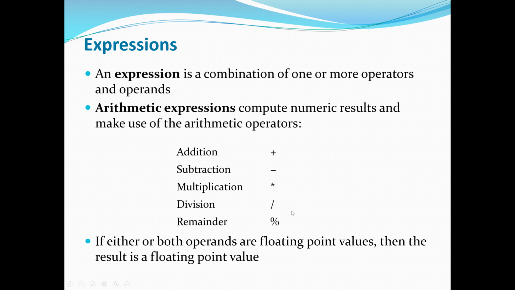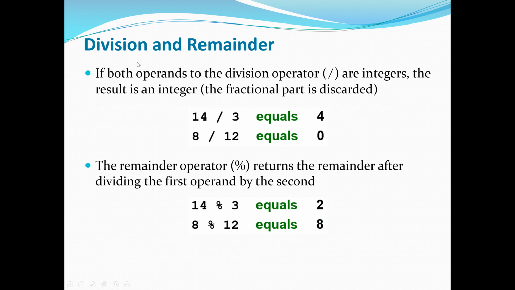For example, 7 modulus 3: 7 divided by 3 is 2, remainder 1. So 7 modulus 3, the answer will be 1. We start with the division and the remainder, or modulus, operator. If both operands to the division operator are integers, the result will be an integer.